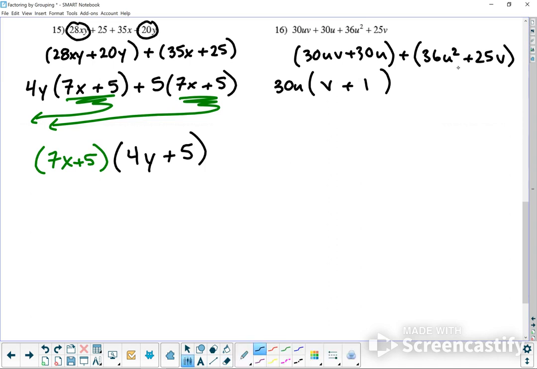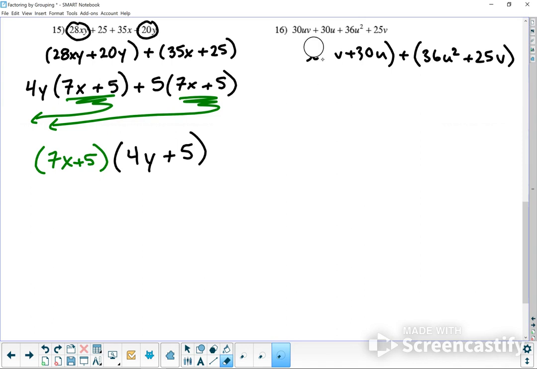Okay, right here, 25 and 36. Ooh, that does not work. They don't have anything in common. So, you know what? Back to the drawing board. Let's see. Let's do this.